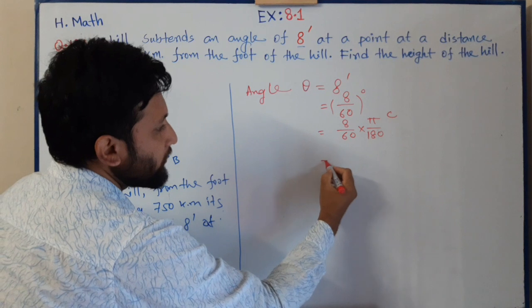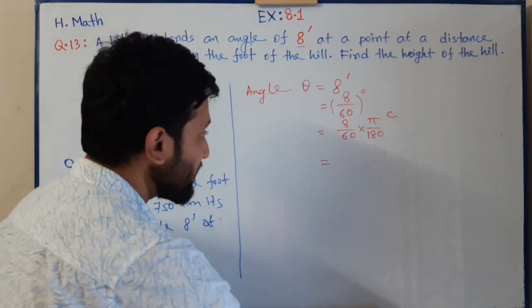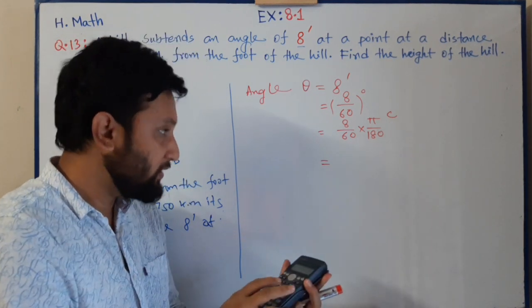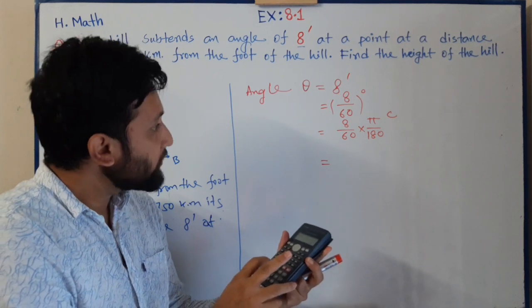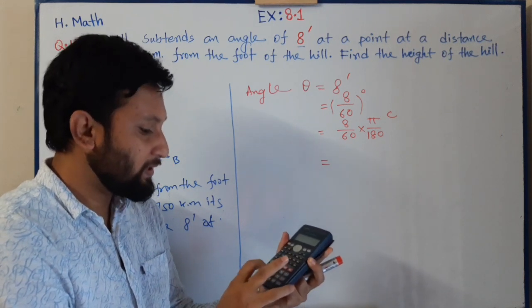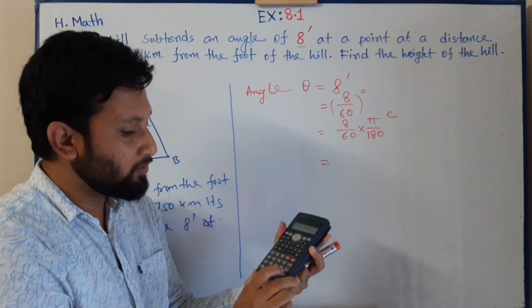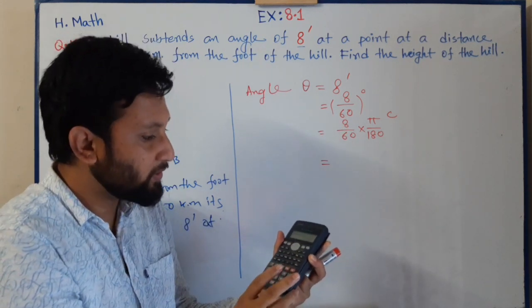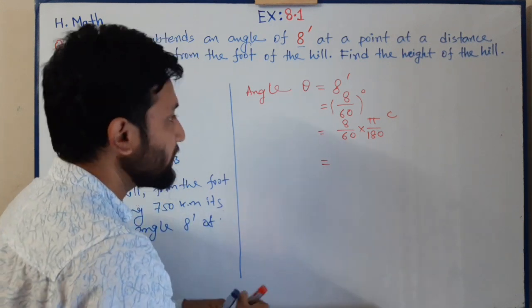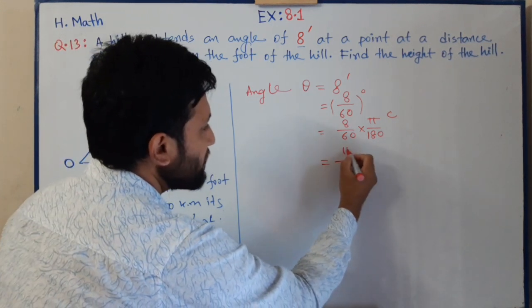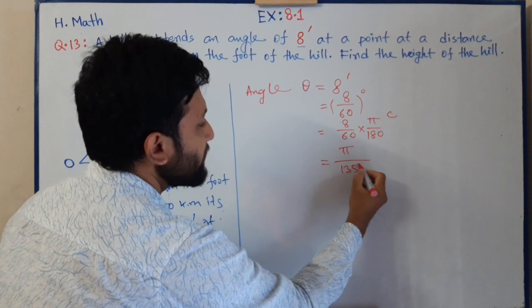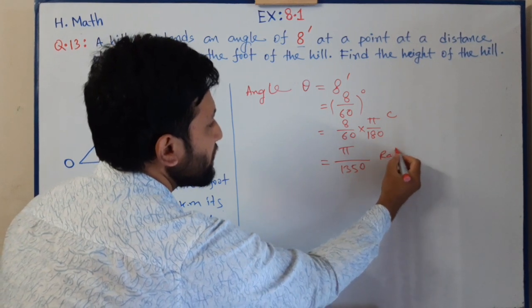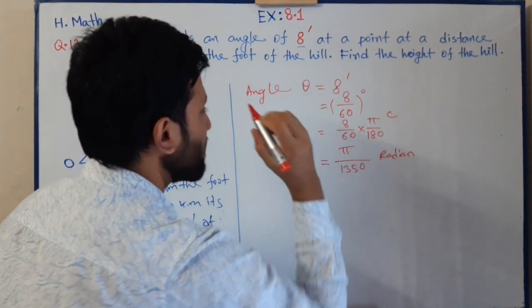By calculator, this gives pi divided by 1350 radian.